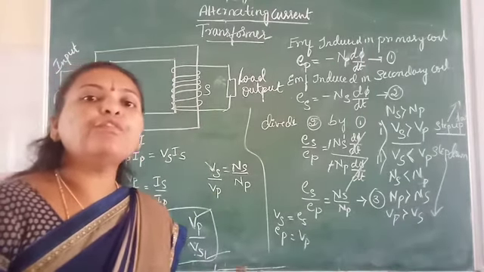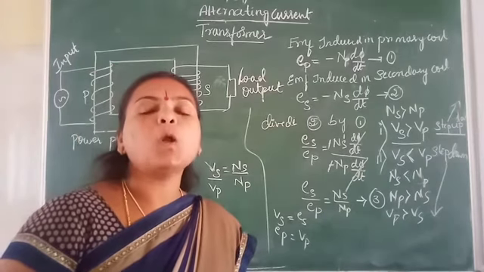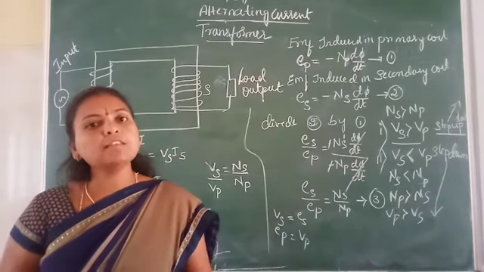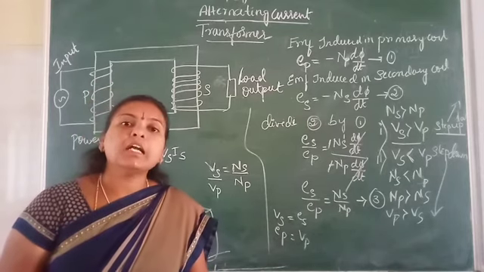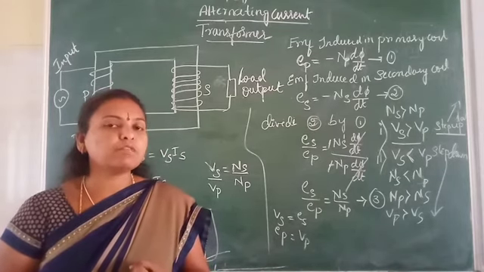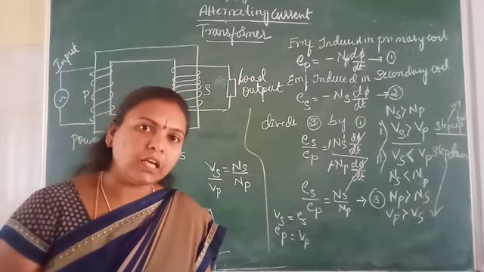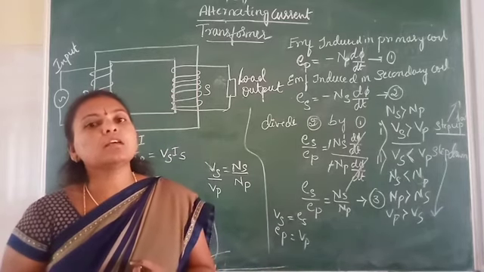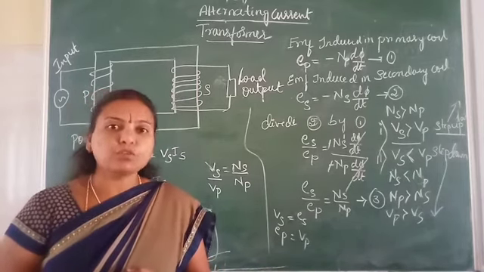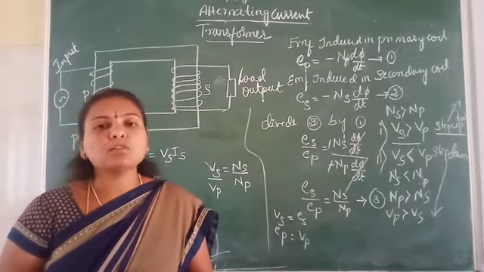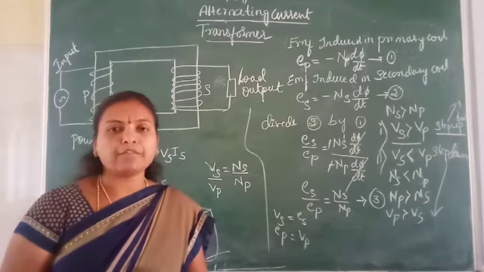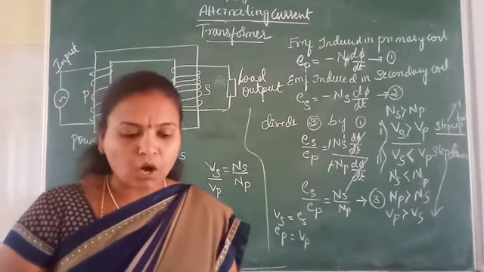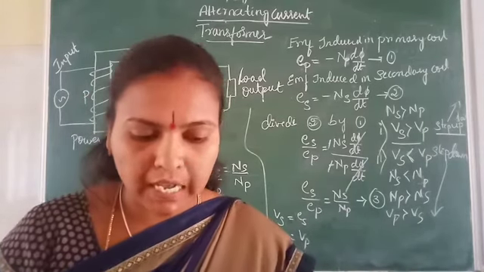So these are the four losses in the transformer. One is eddy current, the transformer energy will be lost due to heating, it is lost due to leakage of the flux, and losses are also caused by the hysteresis graph. So these are the losses which can occur in the transformer.